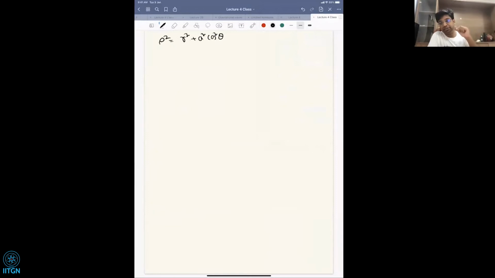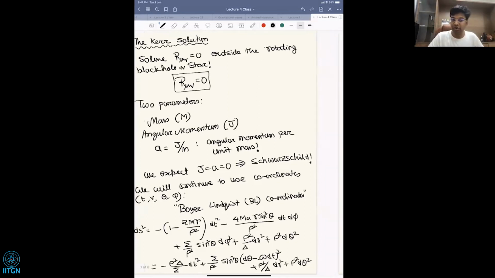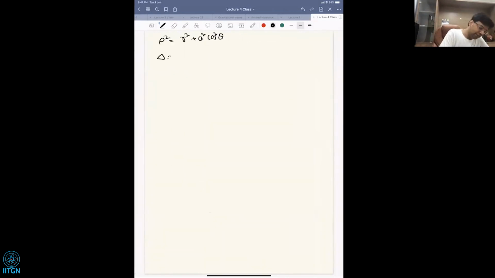Immediately you see that this is not spherically symmetric, because the metric coefficients have explicit dependence on θ. Δ is defined as r² - 2mr + a². Σ is defined as (r² + a²)² - a²Δ sin²θ, and ω is defined as -g_tφ/g_φφ.